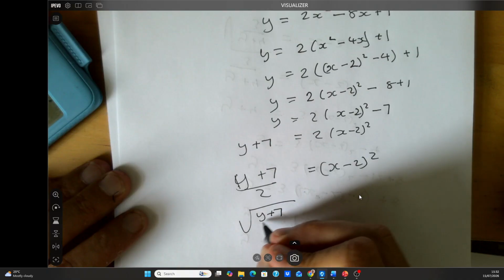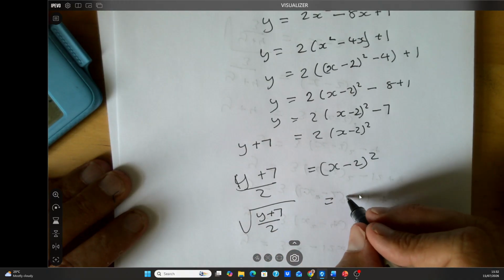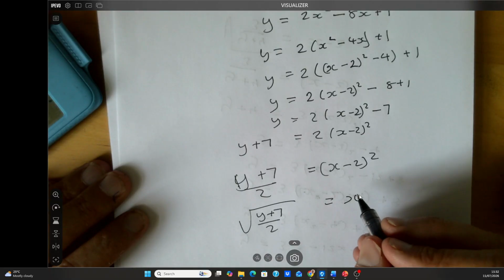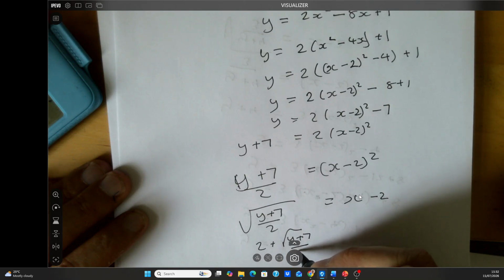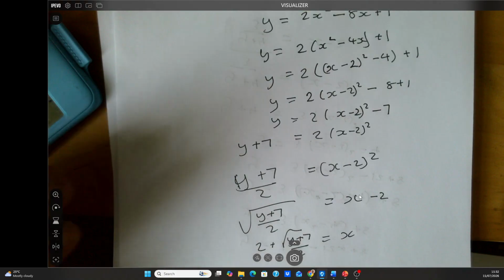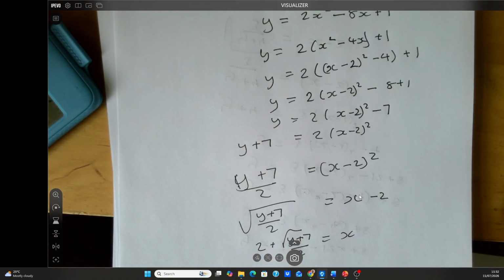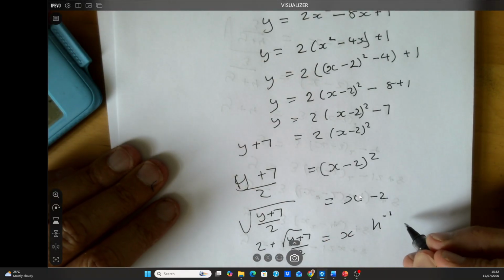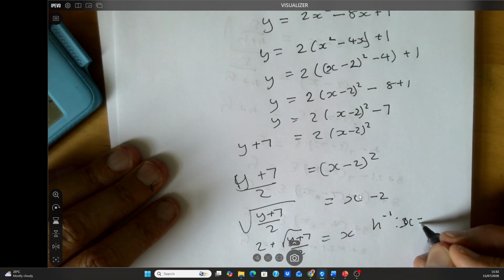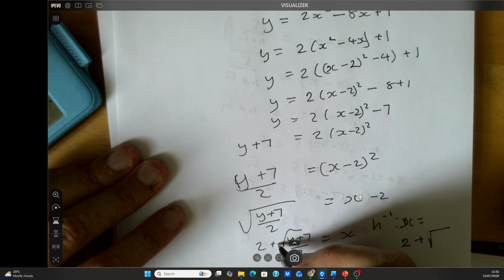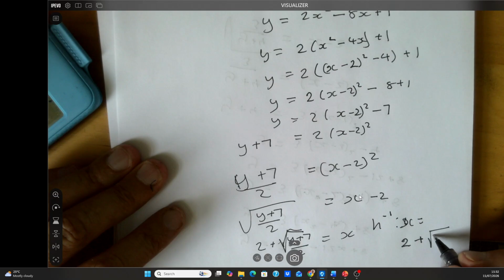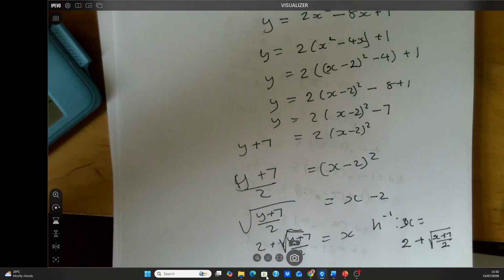Square root of that equals x minus 2. So 2 plus the square root of y equals x. We now need to write it in the format the question asked us to. h to the minus 1 of x equals 2 plus the square root, sorry, my square root sign wasn't long enough there, of x plus 7 over 2. Brilliant, thank you, well done.